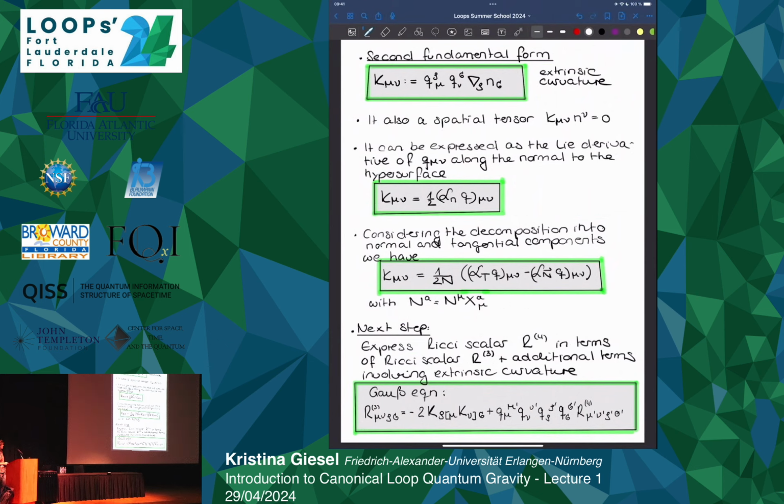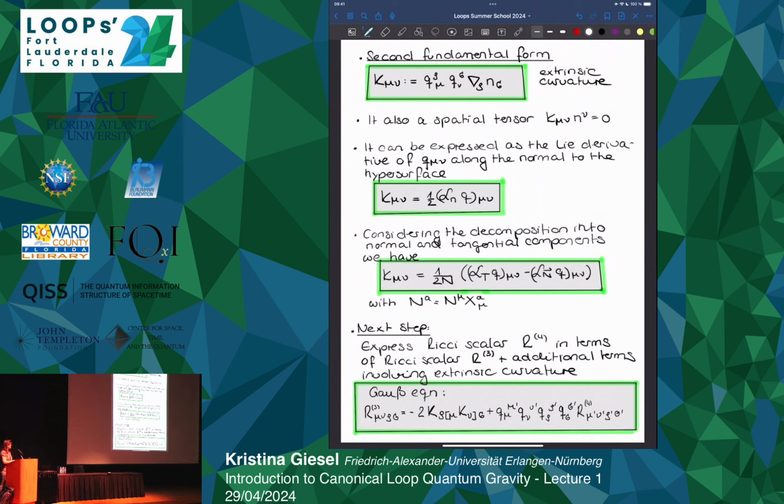But to re-express Einstein-Hilbert in terms of these curvature quantities, we need also to be able to express the four-dimensional curvature, which is included in the Einstein-Hilbert action, in terms of the Ricci scalar on sigma, which gets a label 3 here.